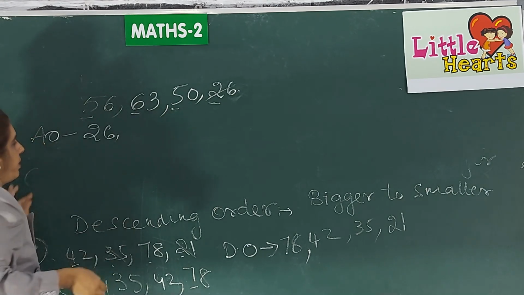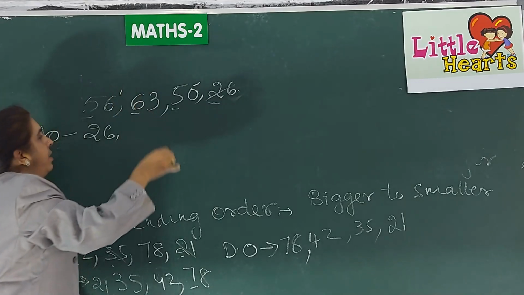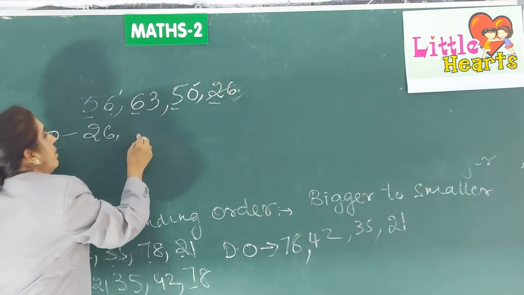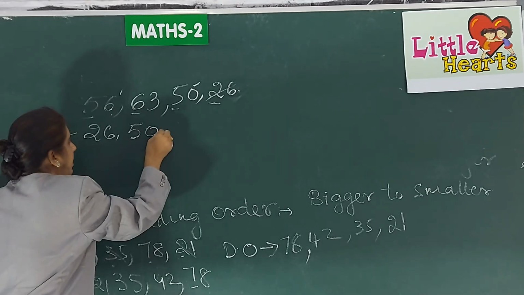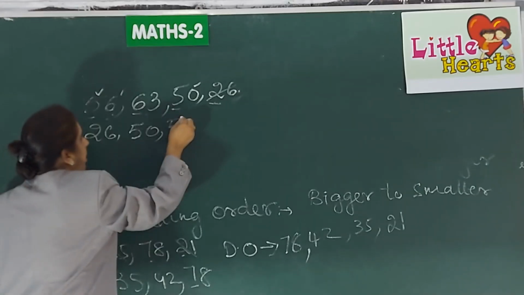If the tens place digits are same, go with the ones place digits. 0 and 6. Which is smaller? 0. So 50 comes next, and then among 56 and 63, 5 is smaller, 56, and 63 is the biggest number in this set.